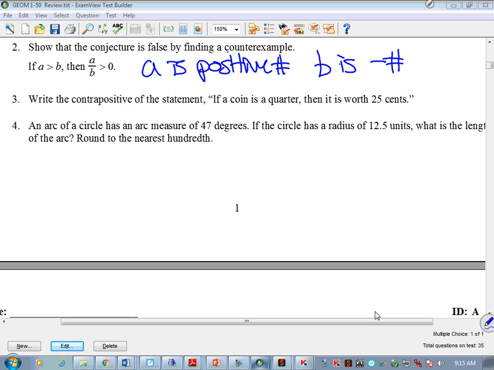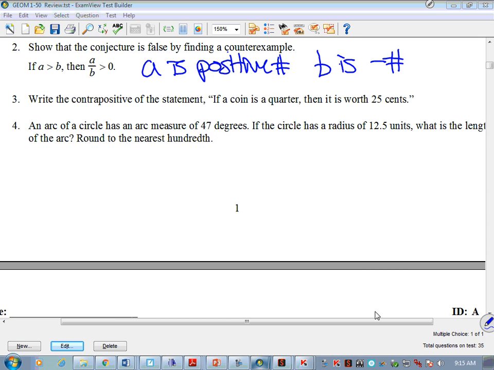Because anytime A is going to be positive, we could make A 3 and B -3. Well, 3 is going to be greater than -3, okay? But 3 divided by -3 is -1, which is not greater than 0, all right? So any number that you would have given in this question where A was positive and B was negative would have worked as a counterexample. Okay, does that make sense?